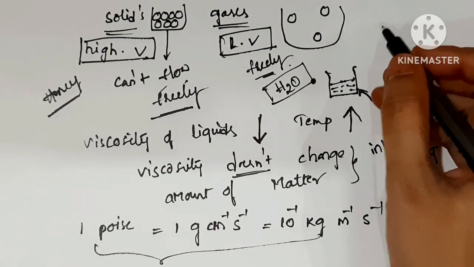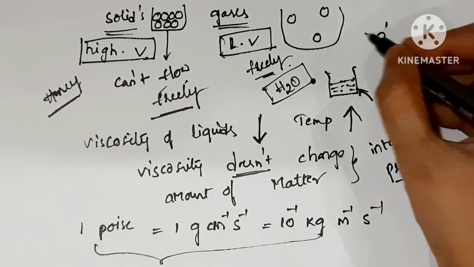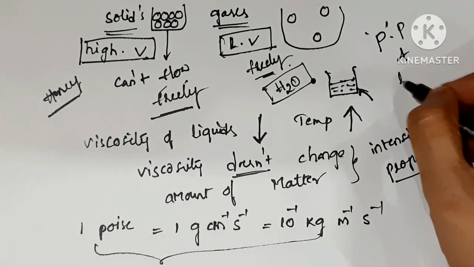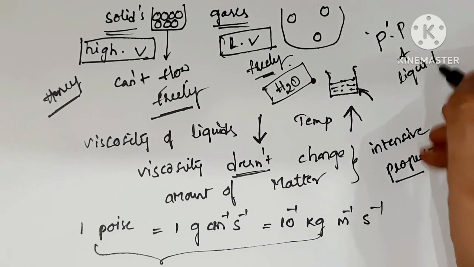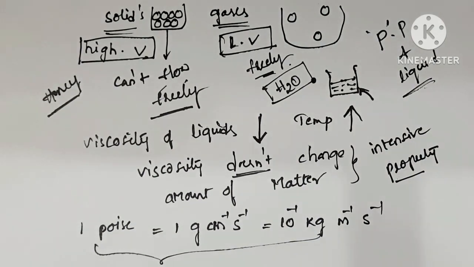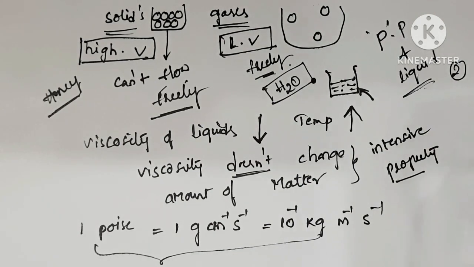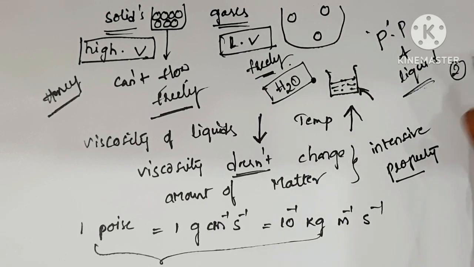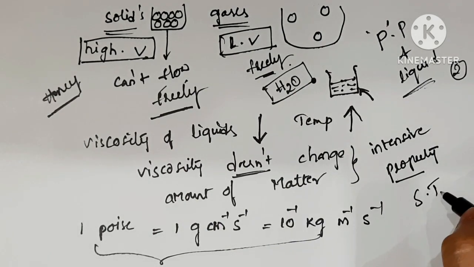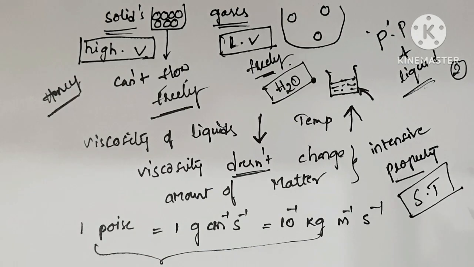Viscosity is generally a physical property of liquids. In my last videos, I have already explained the other two properties of liquids. You can check them once. With this video, the states of matter chapter is completely closed.